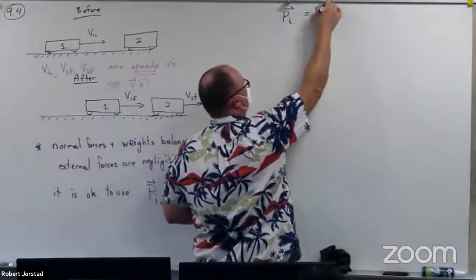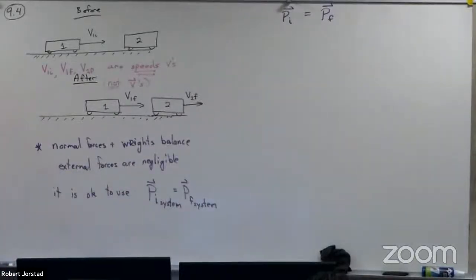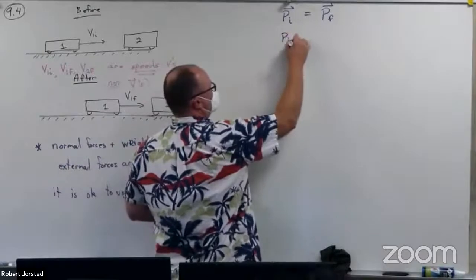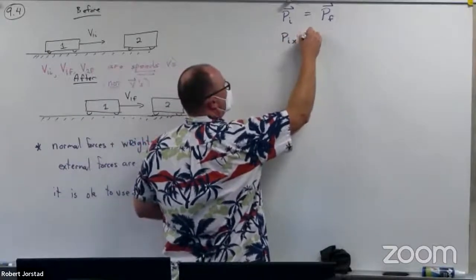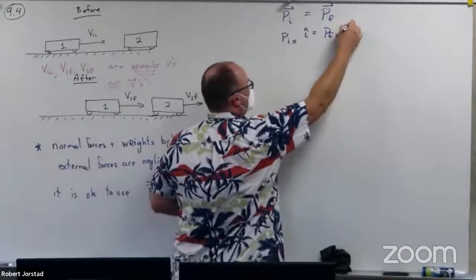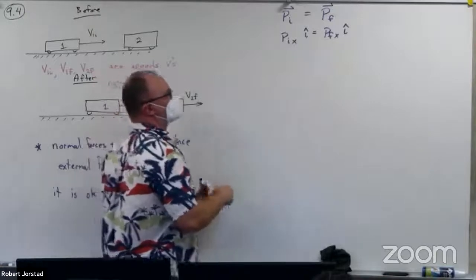Usually we don't write system because we're lazy. We'll just say P initial equals P final. In this problem, is anything moving up and down? Is there any j-hat anywhere? No. So what I'm going to do is change this to P initial in the x, and what immediately drops out? The i-hats.